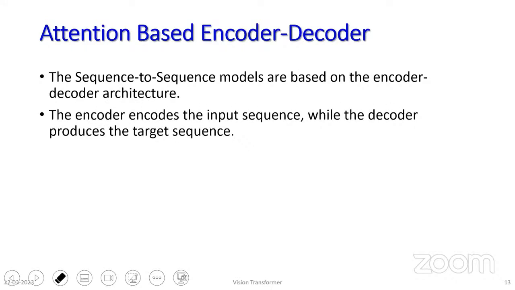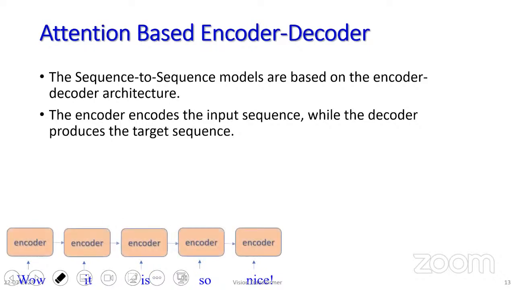The encoder encodes the input sequence, while the decoder produces the target sequence, like the one we have done. Now I seek your attention, please, to see how it is treating the input. Wow, it is so nice.